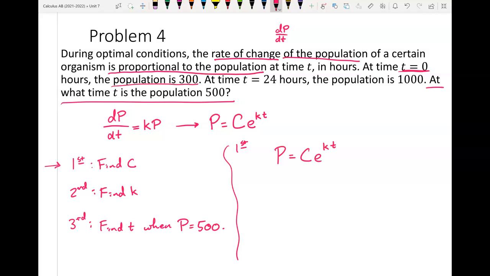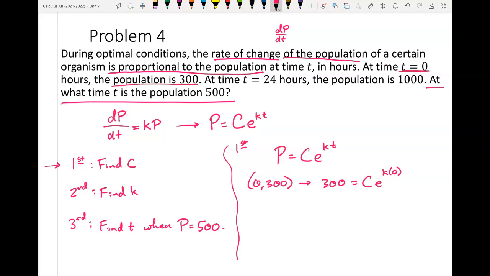The unknowns right now are C and K, our two constants. But if t is equal to 0, then I would have k times 0 and the k is taken away. So I would use the point 0, 300, and I would do 300 equals C e to the k times 0. Same exact thought that we did on the previous problems.